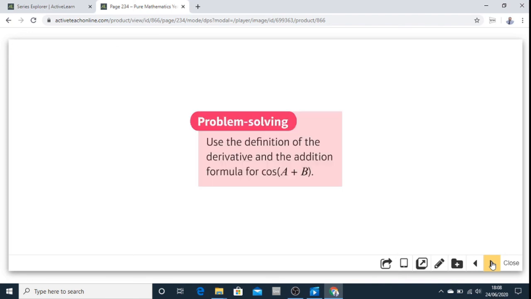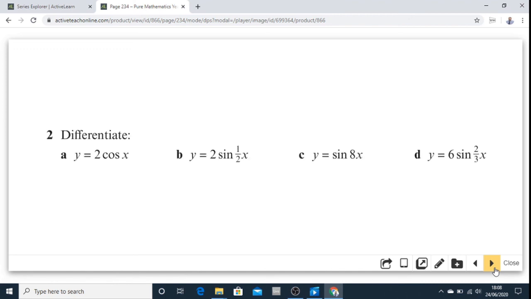And then after that, use the definition of the derivative and the addition formula. That's in the formula booklet, remember. Cos(A plus B) is in your formula booklet, that very nice result: cos A cos B minus sin A sin B. So worth just digging that out and having a look.